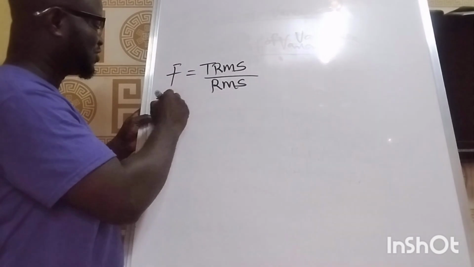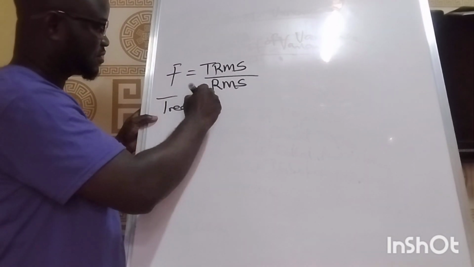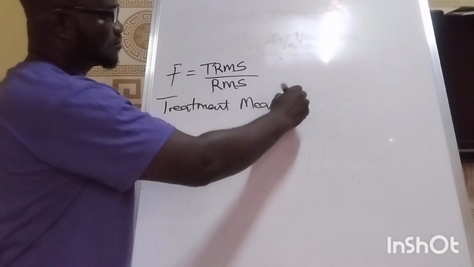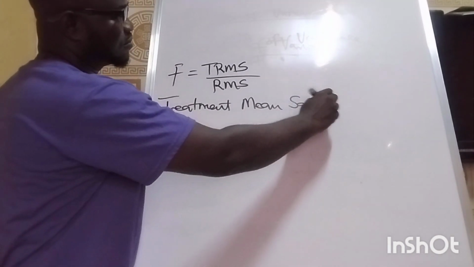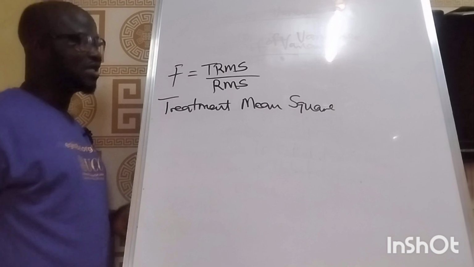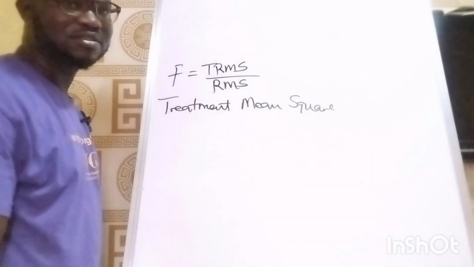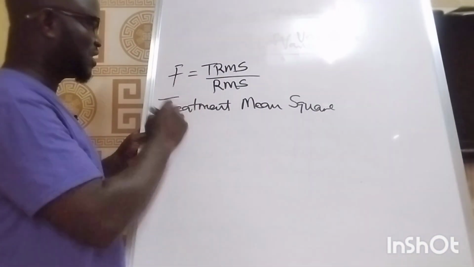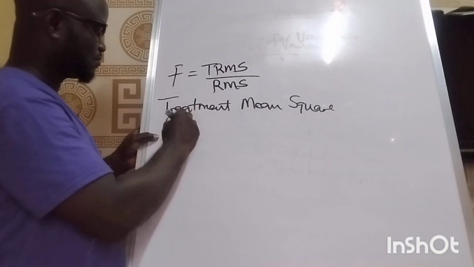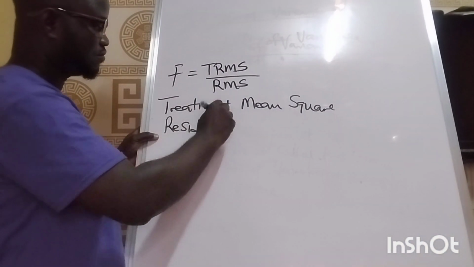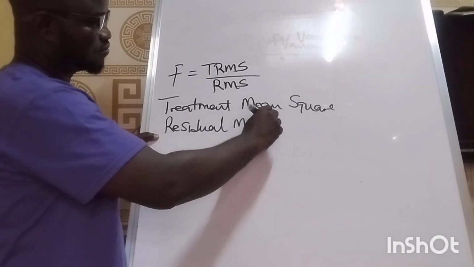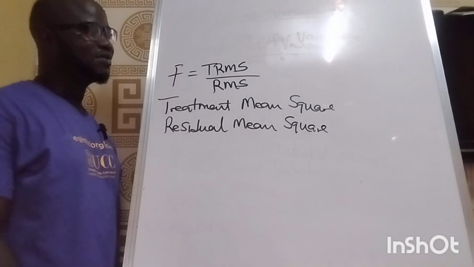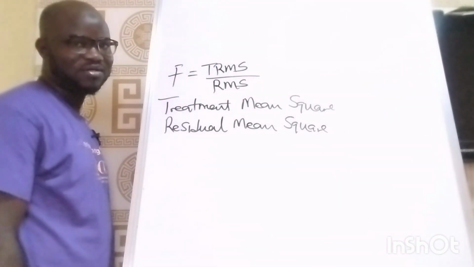TRMS is known as treatment mean square, while the RMS is known as what? Residual. RMS is known as residual mean square, right?